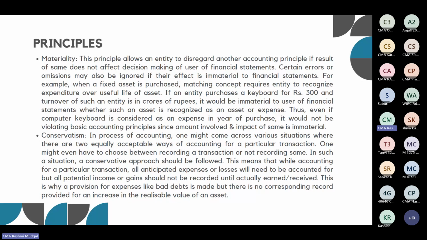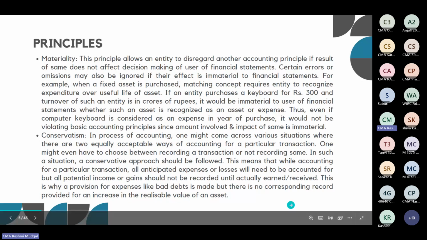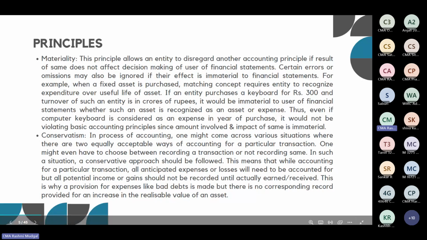Because I am going to pay tax on what I have recorded, and if I record potential incomes and gains, somewhere I am manipulating the turnover also. This is the way a provision for expenses like bad debts is made, but there is no corresponding record for an increase in the realizable value of an asset.